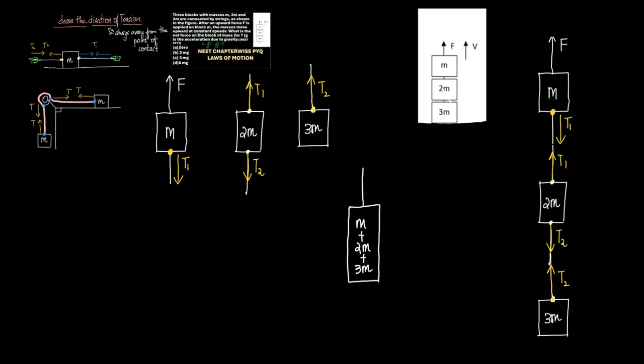What is acting on it? F is acting on it, which means the net direction is actually towards the positive direction upwards, positive J, positive Y axis.